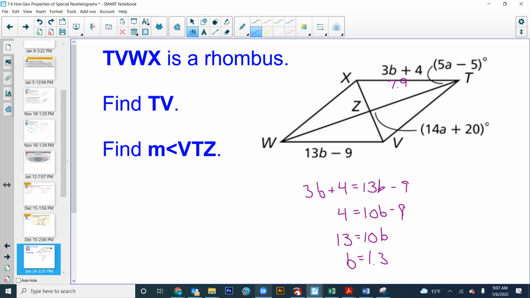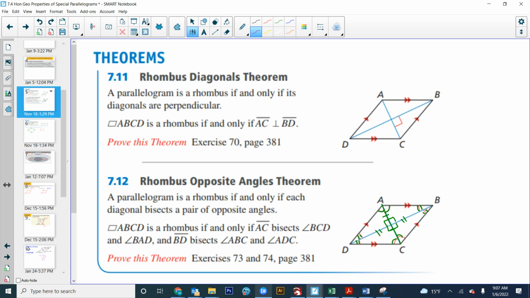A rhombus is a parallelogram with 4 congruent sides. Now, let's talk about that. When we wrote these theorems out, why wasn't that here? Because that's the definition of a rhombus, okay? A parallelogram with 4 congruent sides. All right? So definition. And what's our rectangle definition?